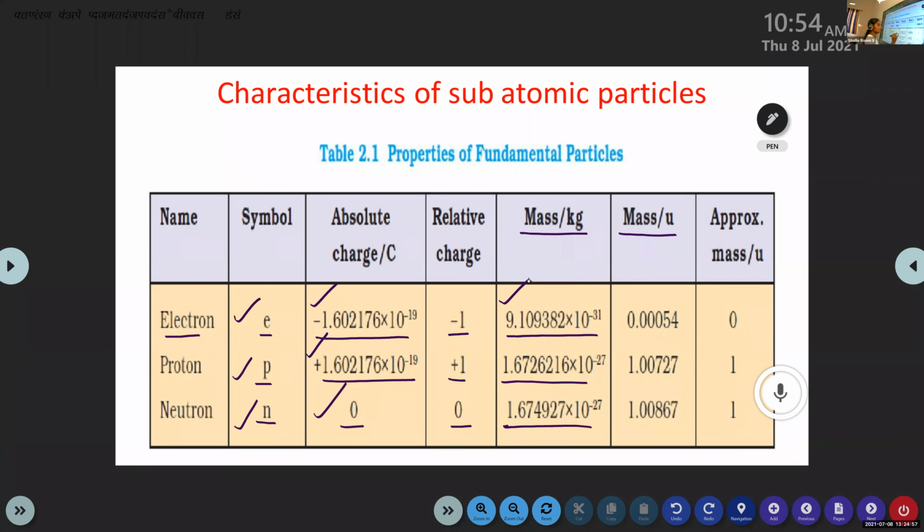No need to write the complete decimals. You can write 9.1 into 10 raised to minus 31. That's enough. Here also it is 1.60 into 10 raised to minus 19 Coulomb. Coulomb stands for the unit of charge. This is clear now, children?